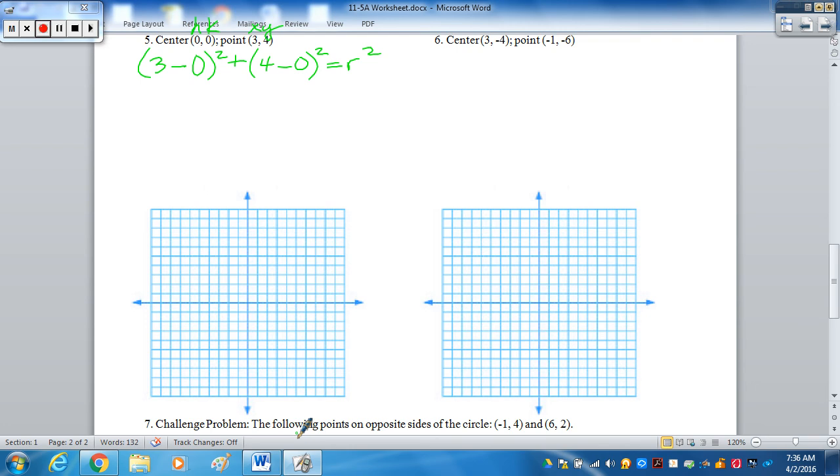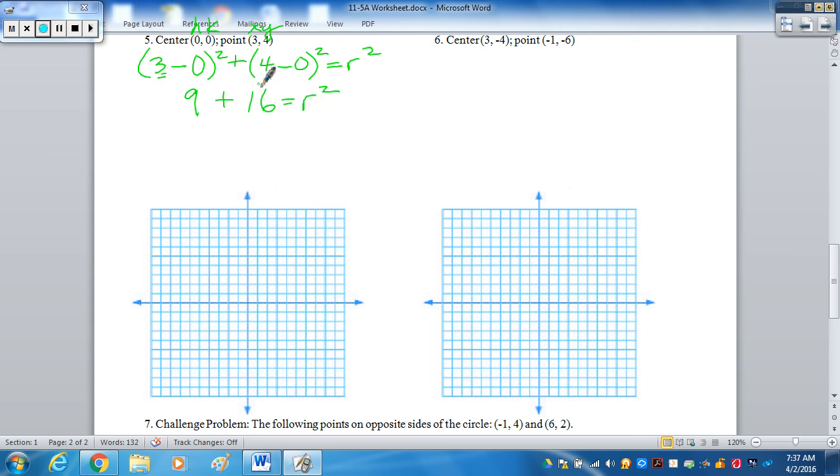If I just go ahead and solve for r, now I have the radius length, and I can solve my equation, I can graph it. So if I do this, 3 minus 0 is just 3, so I have 3 squared, which is 9, plus 4 minus 0 is 4, and 4 squared is 16.